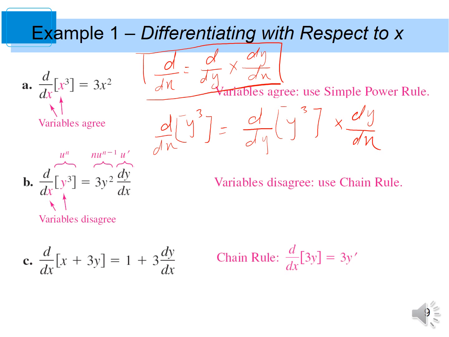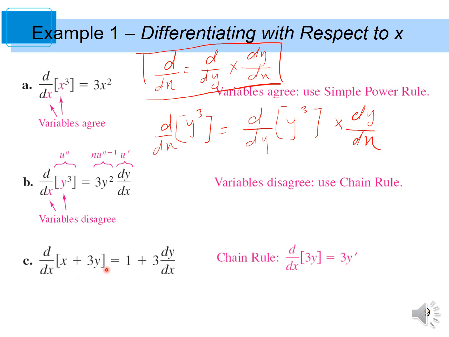So we compare. Look at the left side. Differentiate y cubed with respect to x can be written as differentiate y cubed with respect to y times dy dx. Now look at C. Differentiate x plus 3y with respect to x.